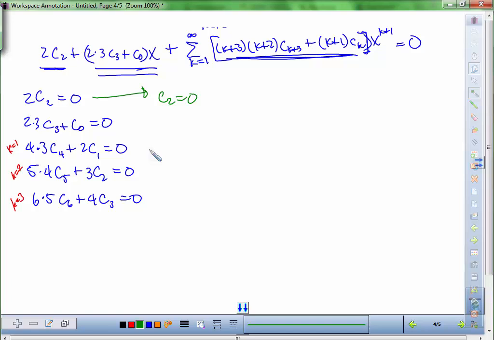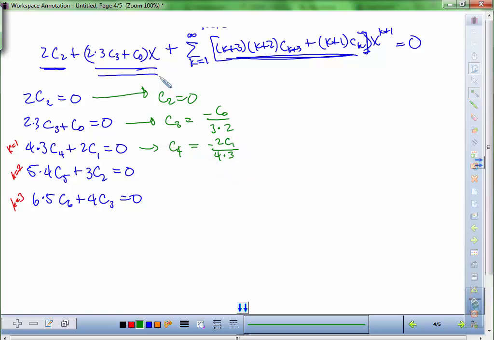So c5 is also going to be equal to 0. Okay? So c3 is equal to negative c naught over 3 times 2. c4 is going to be negative 2c1 divided by 4 times 3.